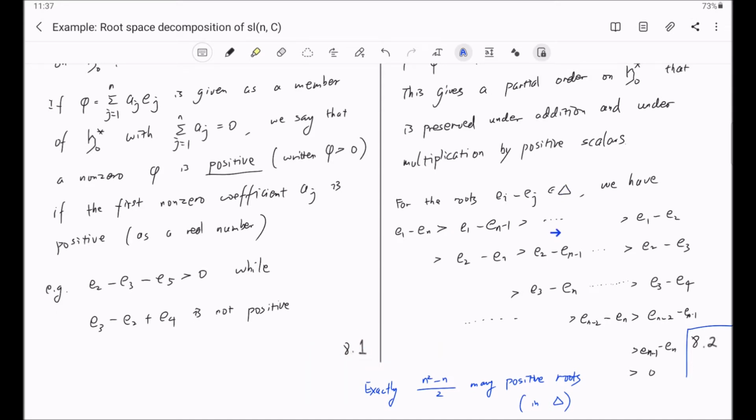Here we listed all the positive elements in delta. And similarly, you can list all the negative roots after 0. So this order is actually a total order on delta. Namely, every two roots are comparable.